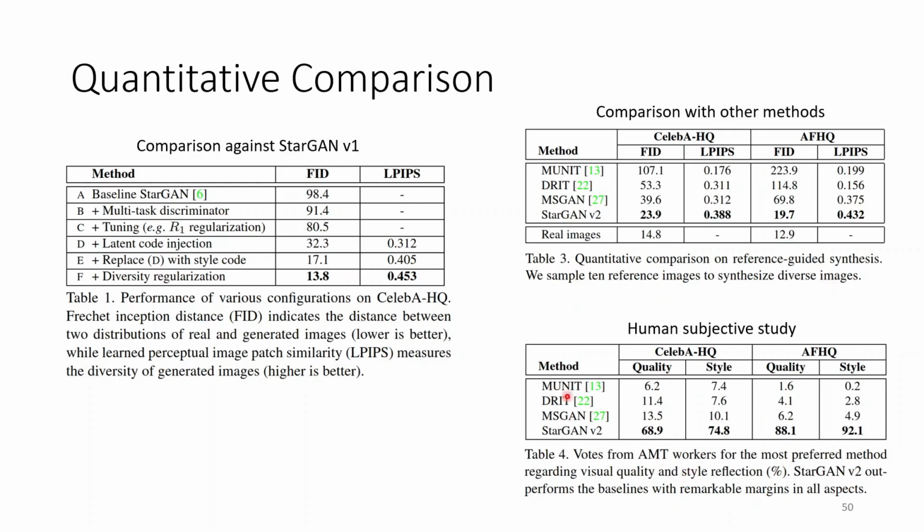So this is a human subjective study. Their images are also more preferable in terms of quality or style. Quality is similar to the FID, it means how similar to the ground truth images. And style means how various those generated images are.